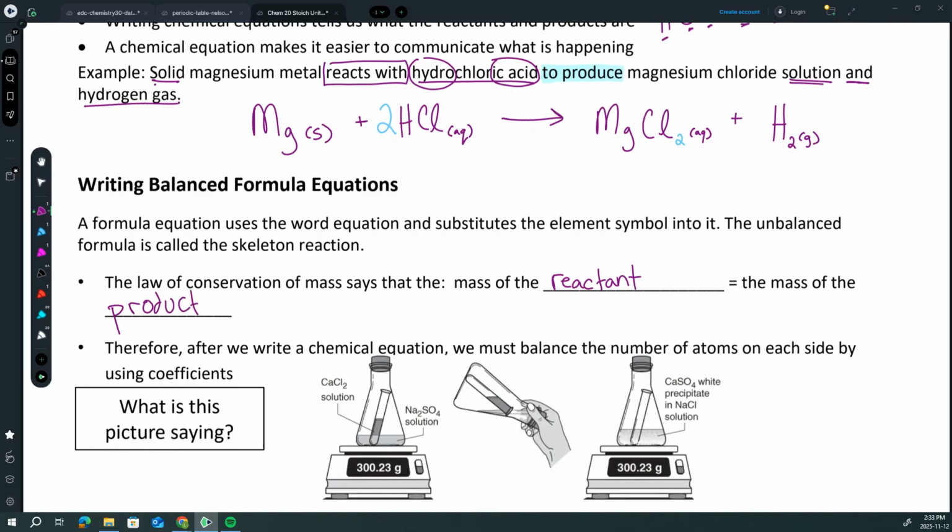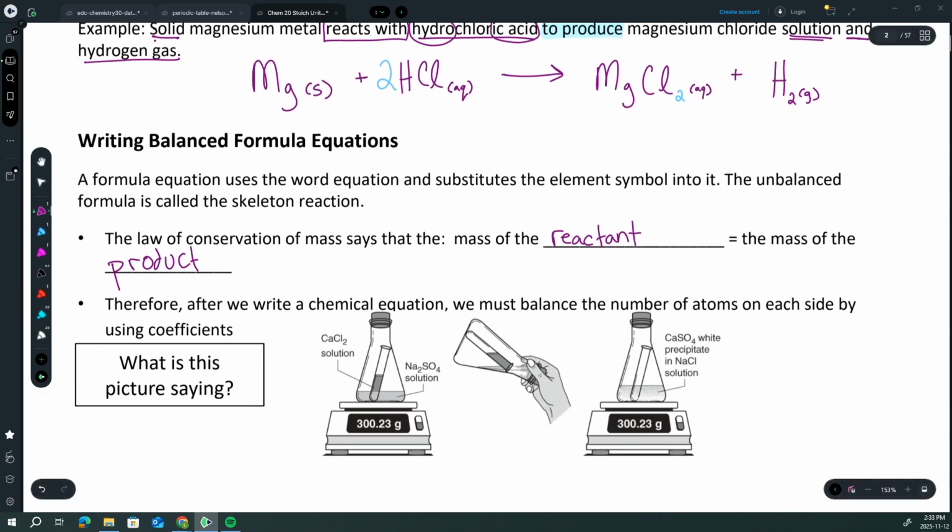So in other words, what goes in must come out. This is the reason why we have to balance the number of atoms for each element using coefficients.